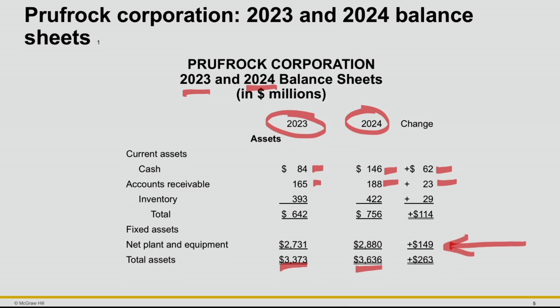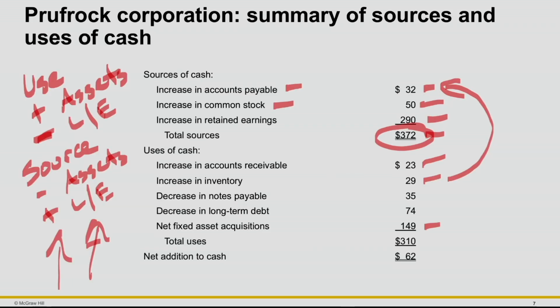So we increased our plant, property, and equipment from $2.7 million to $2.88 million. All right. Everybody see where all of these come from? With some practice in the homework, hopefully this will start to become second nature to you.